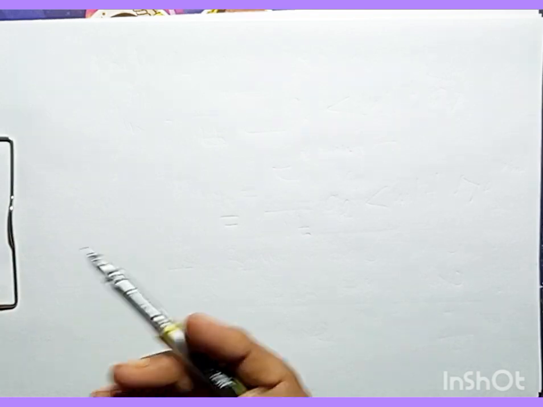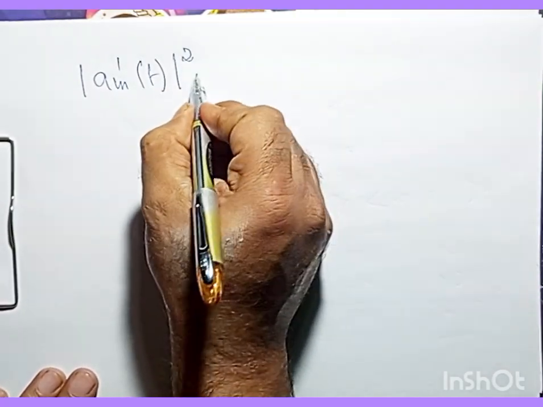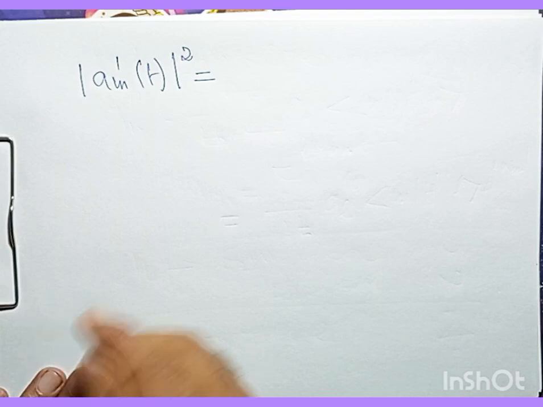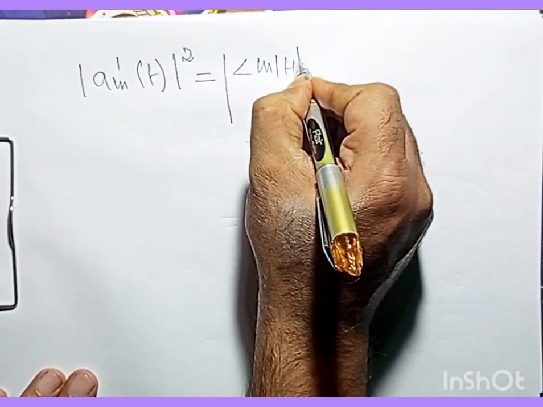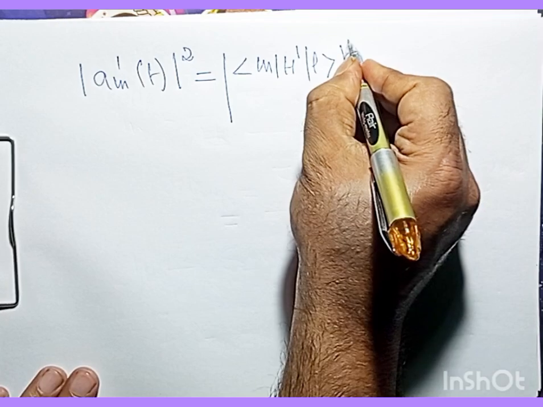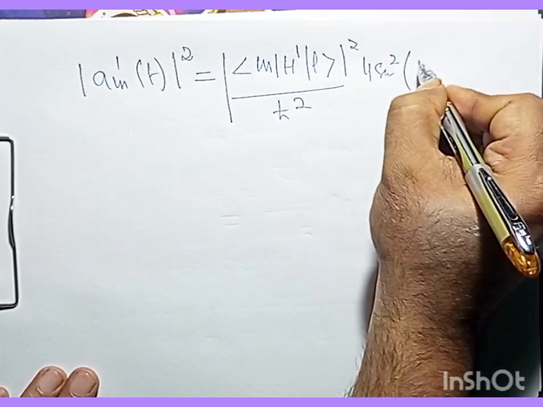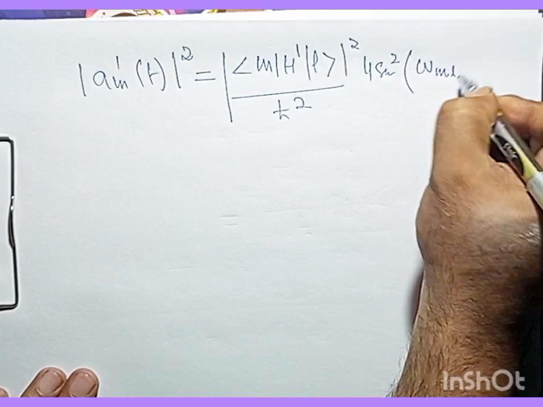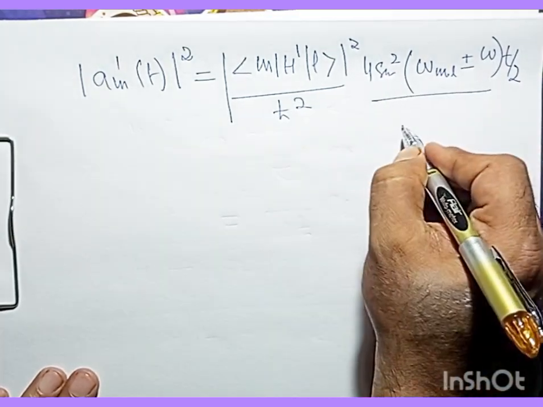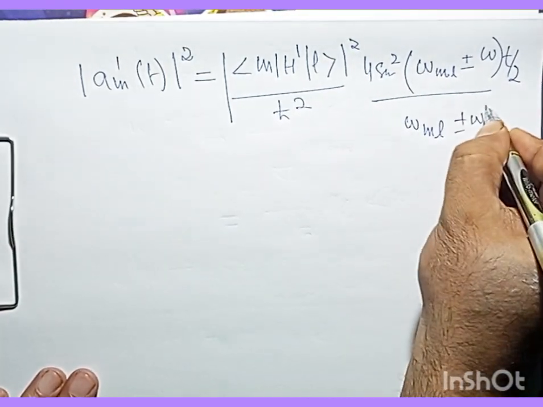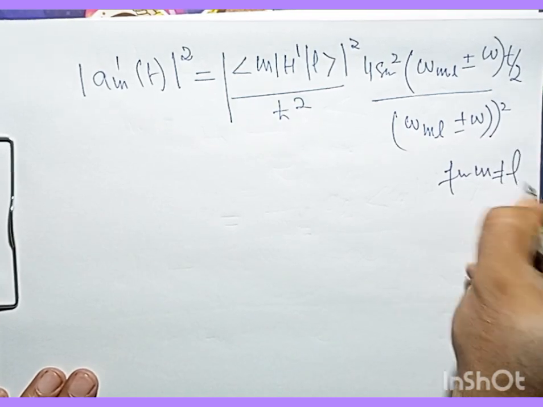And certainly we know that when we take this, say, a_m1(t), the square of this amplitude gives us the probability density, and this probability density comes out to be the square of |<m|H'|l>| whole square divided by h-cross square, 4 sin square of (omega_ml plus minus omega) t by 2, divided by (omega_ml plus minus omega) whole square, for m not equal to l.